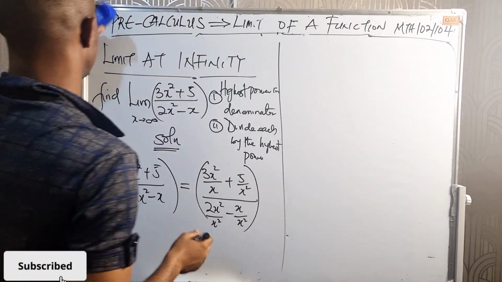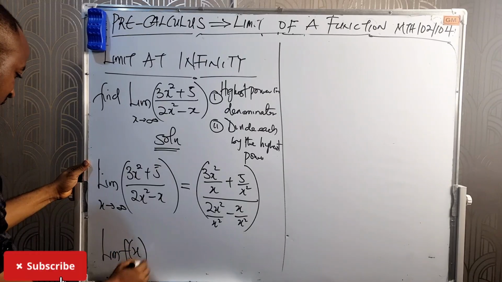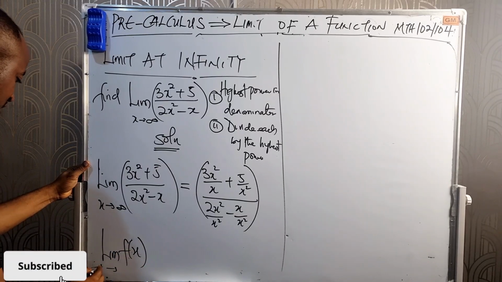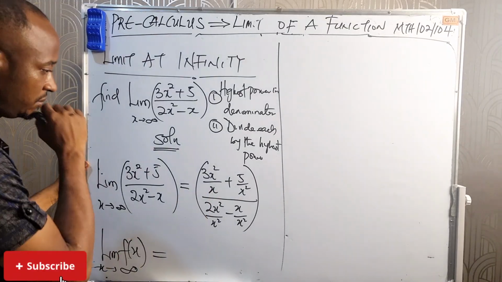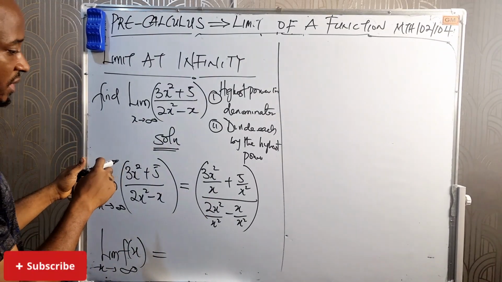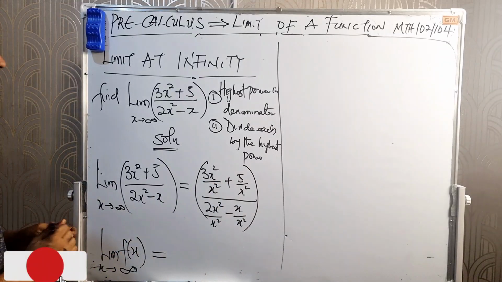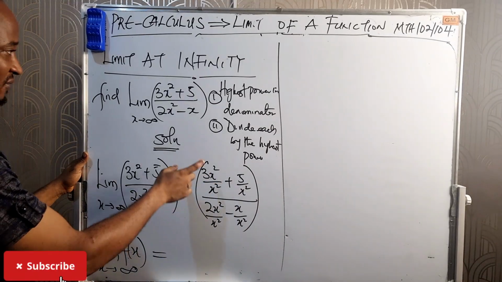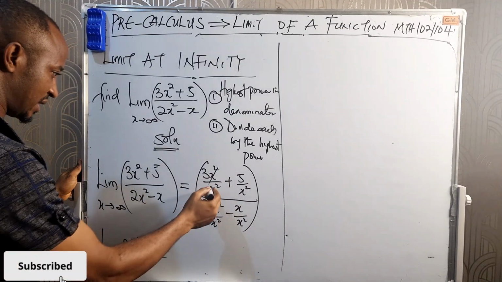So our limit of f of x as x approaches infinity becomes, this is over x squared, right? We are dividing each of these terms by x squared, so this x squared can go with this x squared.